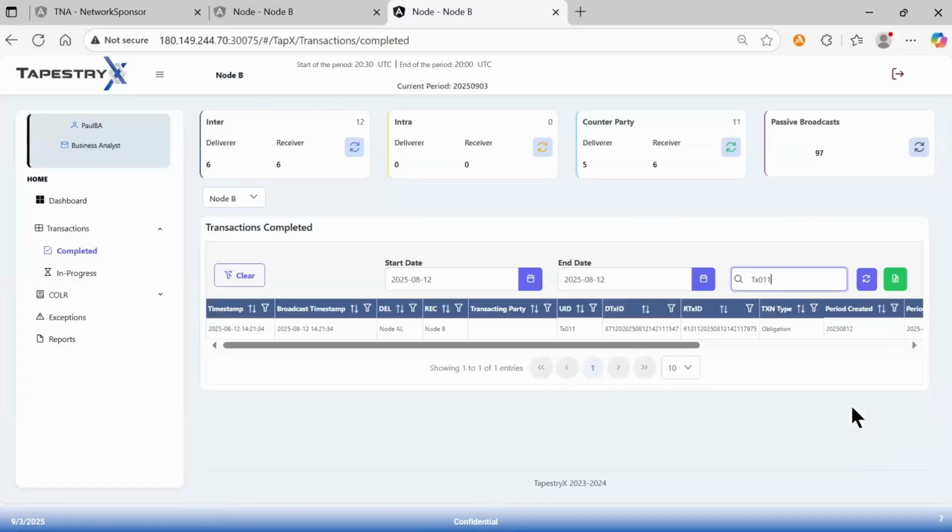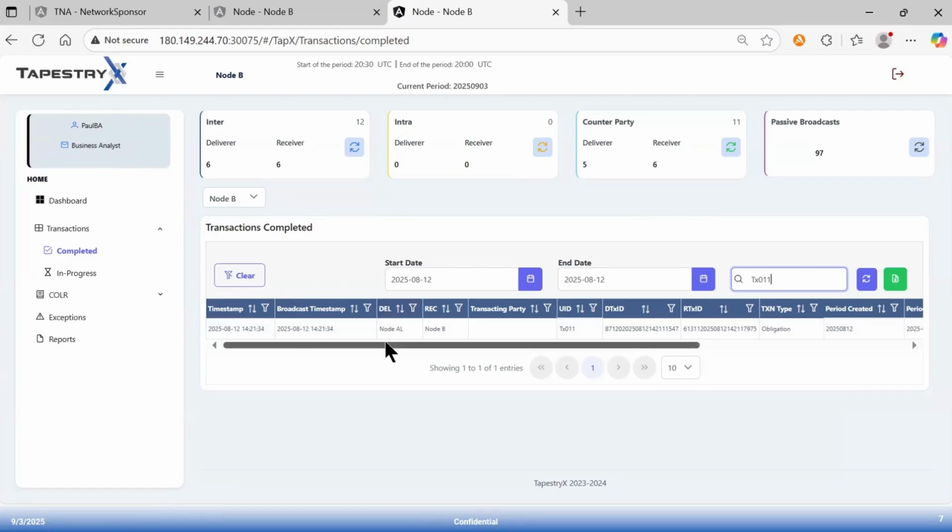here we actually see TapestryX live, and we're showing our dashboard of transactions that are being processed. And you can see beyond the network dashboard, we've got transactions completed and the asset lot and other exceptions. But here we're focused on the transactions. You can see where the transaction data we receive from. So we're showing again, logged in as the business analyst for Paul's account.